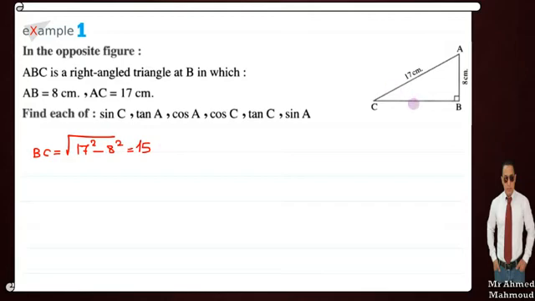So BC equals 15. Now for angle C, this one is called the adjacent, and this one is the opposite. Okay, first sine C.